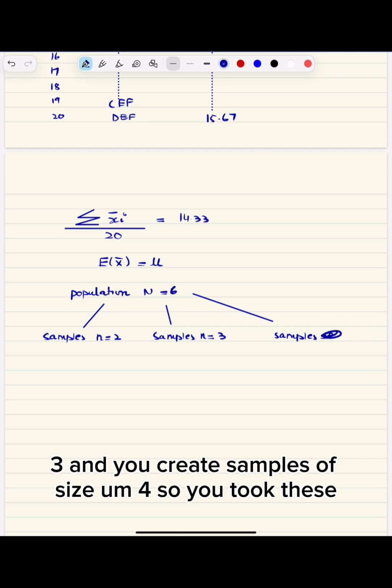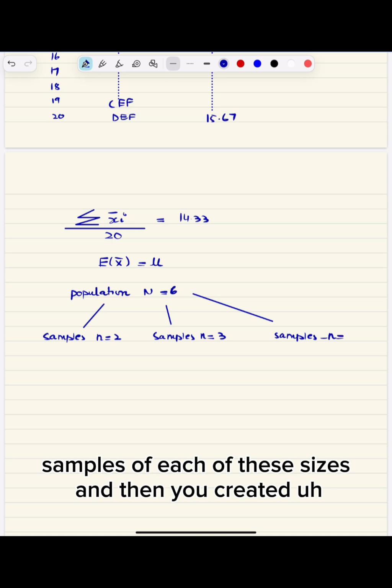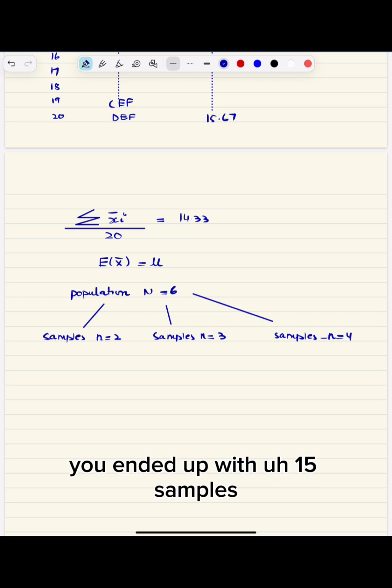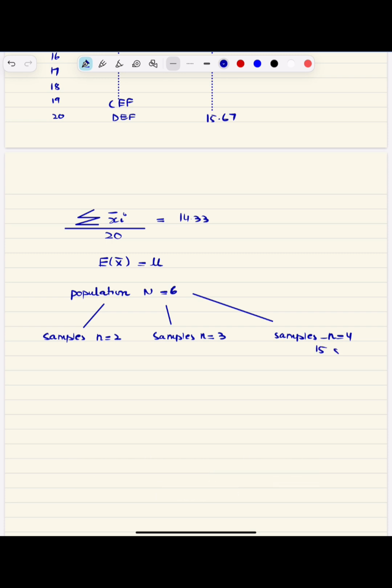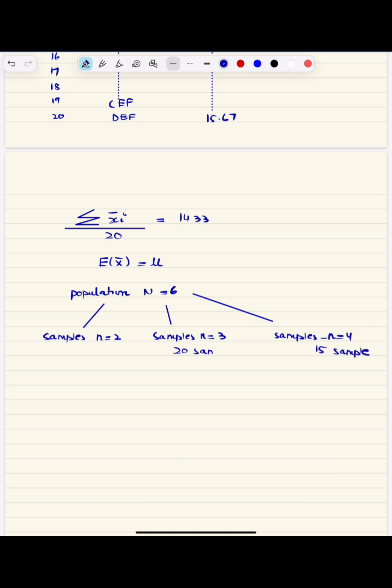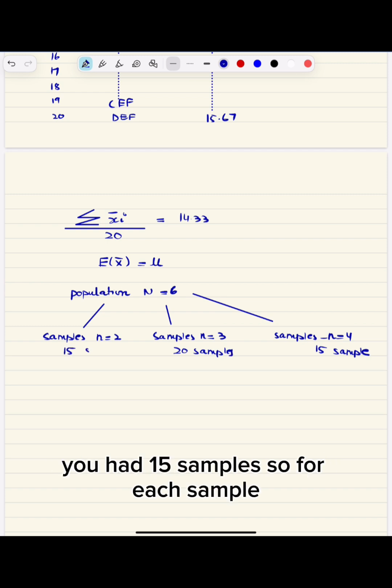So you took samples of these sizes, and then, for instance, in this case you ended up with 15 samples. When you took a sample size of 3, you had 20 samples, and when you took a sample size of 2, you had 15 samples.